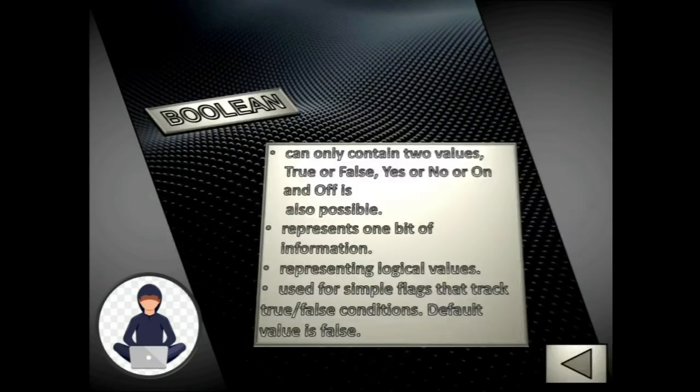Boolean can only contain two values: true or false, yes or no, or on and off. It represents one bit of information, representing logical values, used for simple facts that track true or false conditions. Default value is false.